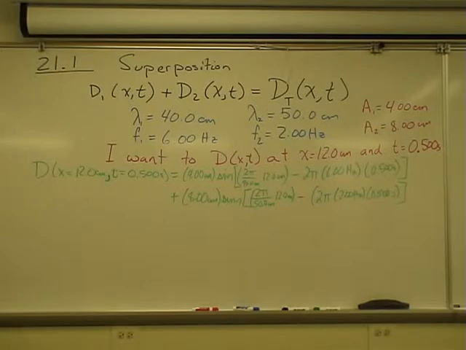The second wave has a wavelength of 50 centimeters and a frequency of 2 hertz. So let me just calculate that out into this. Excel is being strangely stubborn.